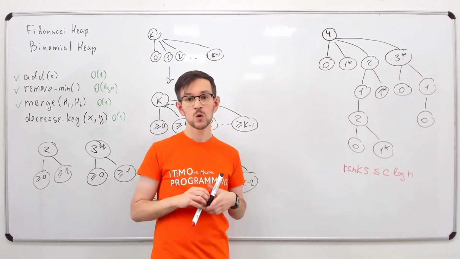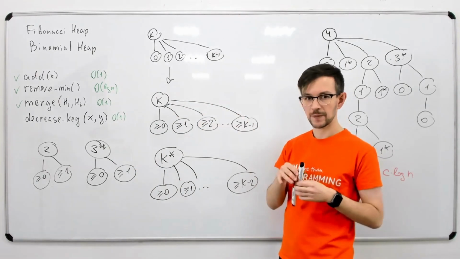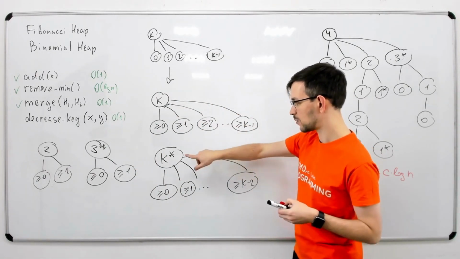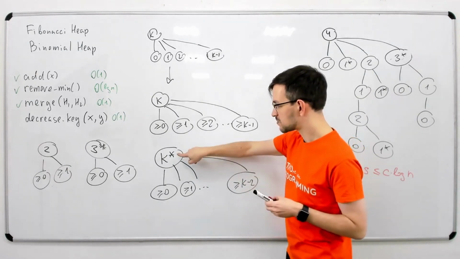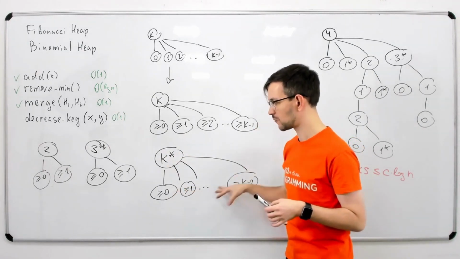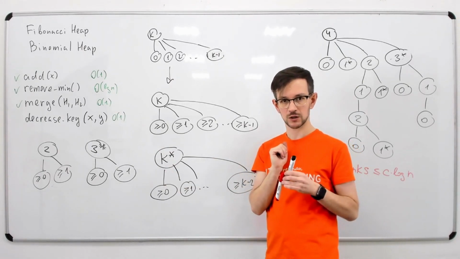Now, when we have a tree of rank k and remove one child, we get the tree of rank k but with one child removed. So this mark shows that we removed one child from this tree. We can remove at most one child from each tree.